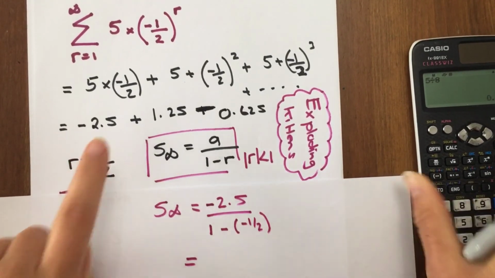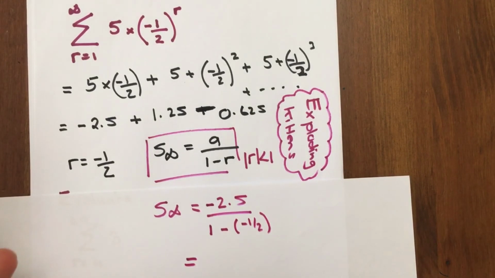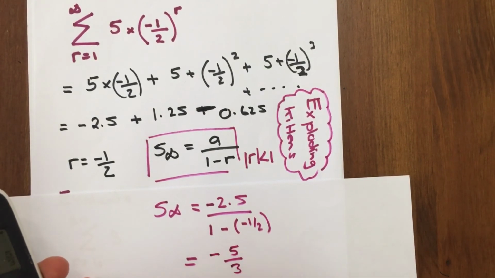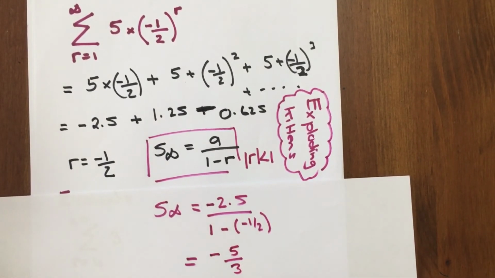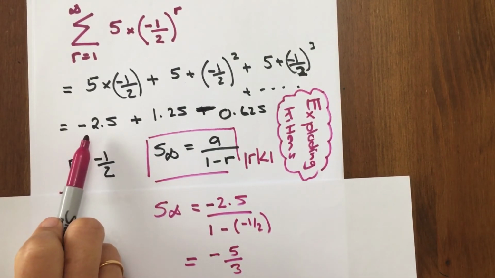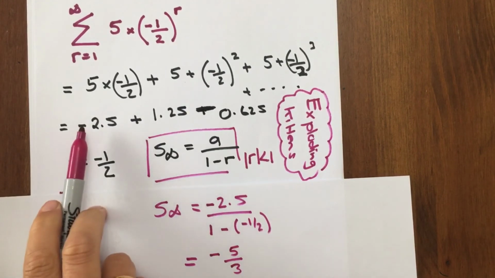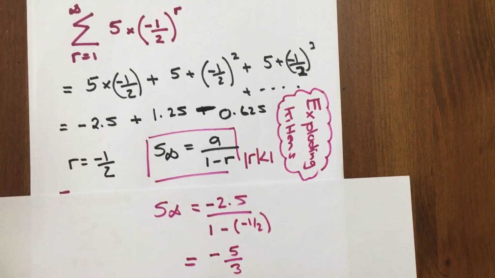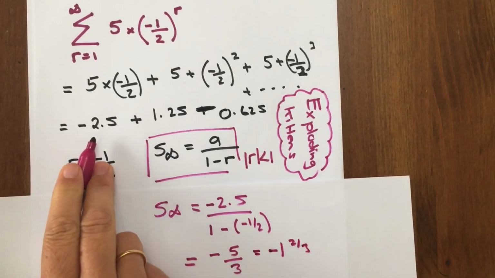So if I put that into my calculator, 2.5 divided by 3 times by 2 will equal minus 5/3. So my sum to infinity in this case is negative because it's starting off with a negative value here. And obviously it's got to be less than negative 2.5, which this is. This would be negative 1 2/3, which is, we know, less than negative 2.5.